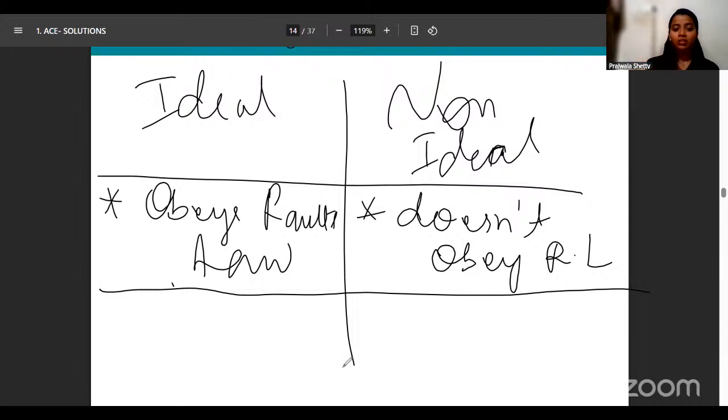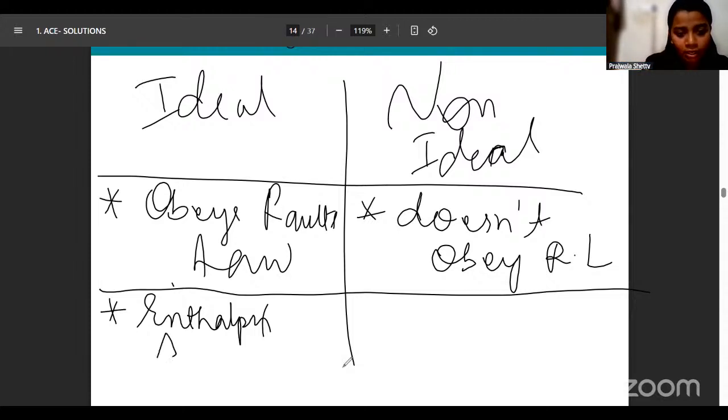And you have two other important properties of ideal and non-ideal solutions. Please look into it. The enthalpy of mixing of the pure components. If you're taking notes, please note down: the enthalpy of mixing of two pure components is zero.